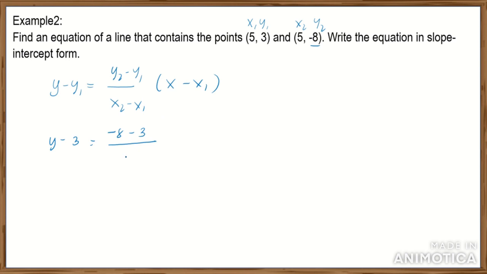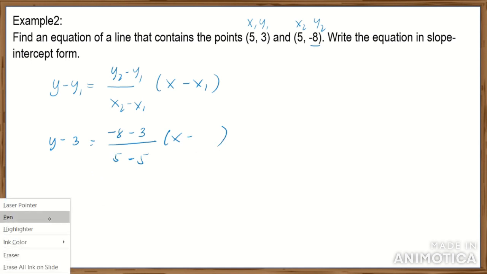Then we have x sub 2 is 5, and x sub 1 is 5, times x minus x sub 1. X sub 1 is 5. Sorry for that. That is 5.